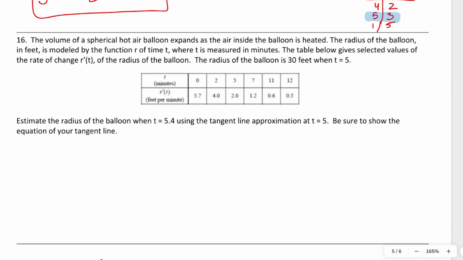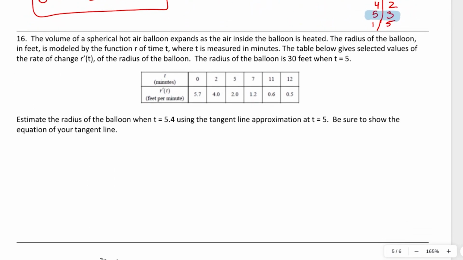Number 16. The volume of a spherical hot air balloon expands as the air inside the balloon is heated. The radius of the balloon in feet is modeled by the function r of time t, where t is measured in minutes. The table below gives selected values of the rate of change, so this is giving you the derivative of r.